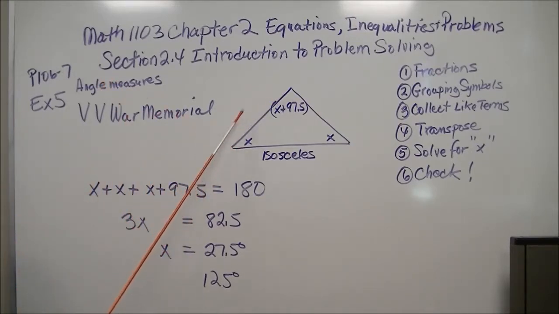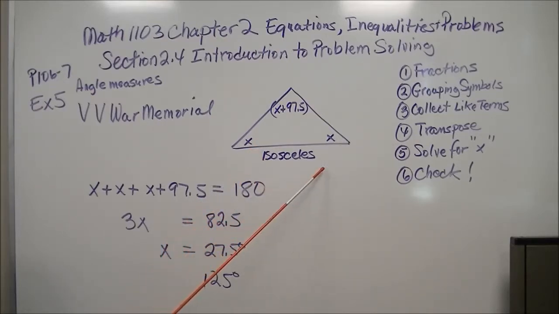If you were to connect the 2 walls that are there, they would form what is called an isosceles triangle. And you may recall that the base angles of an isosceles triangle are the same. And they're telling us, as we read the problem, that this, if they were joined, would be 97.5 degrees more than the base angle.